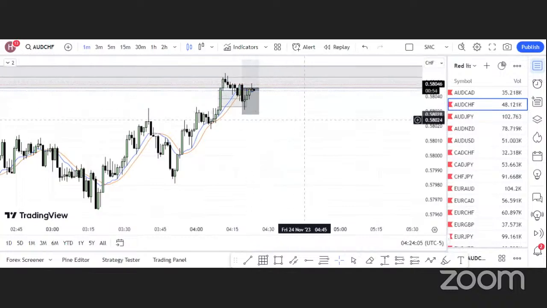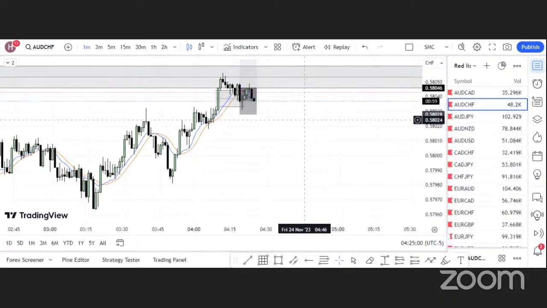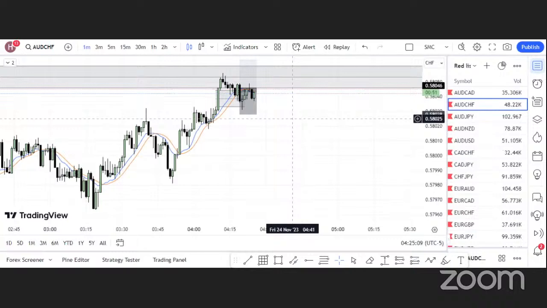So hopefully this closes above. Guys, we are still holding.